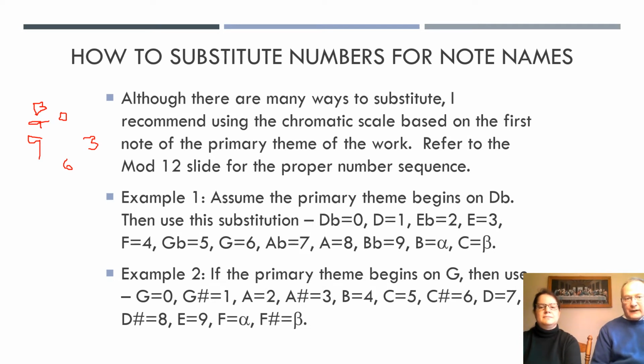E flat is 2 half steps above, E is 3, F is 4, G flat 5, G 6, A flat 7, A 8, B flat 9, B natural would be your alpha, and C would be your beta. Another example, if it begins on G, then G equals 0, G sharp 1, A 2, A sharp 3, etc., all the way through F equals alpha and F sharp equals beta.